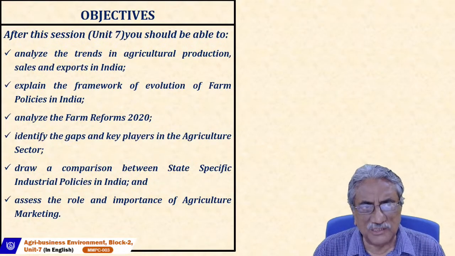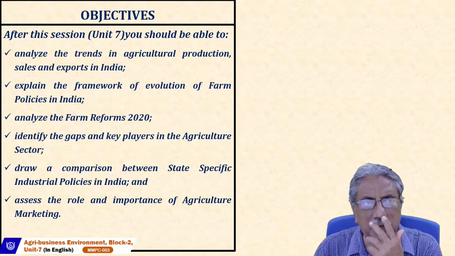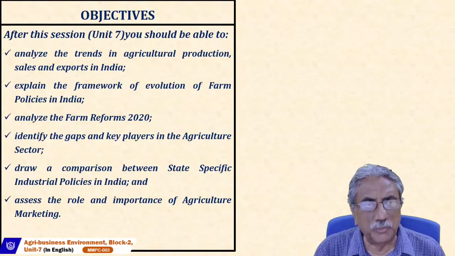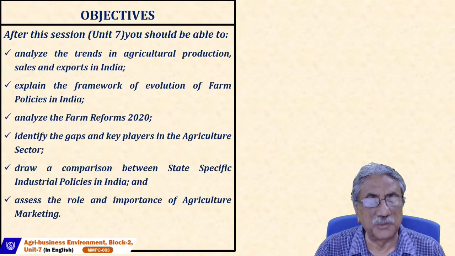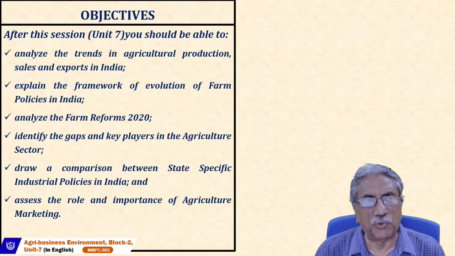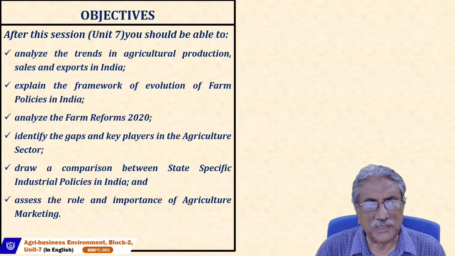After this session, Unit 7, you should be able to analyze the trends in agriculture production, sales and exports in India. We will be covering from post-independence and then the 60s, 70s, 80s, and then 91 when India liberalized, how agriculture changed over time.